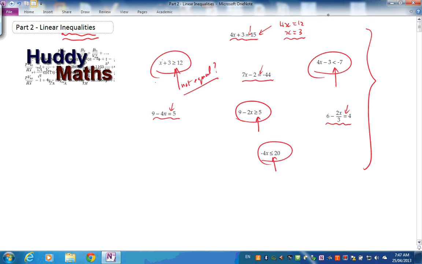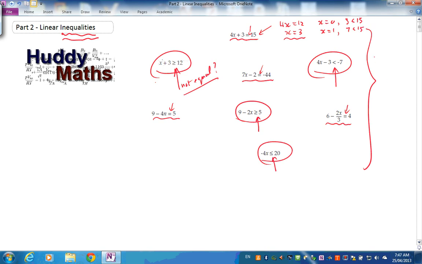If you were to put in x is 0, you'd have 4 times 0 plus 3, which is 3, and that is less than 15. We write it like that. When x is 0, you get 3, and that's less than 15. When x is 1, you get 7, and that's less than 15.